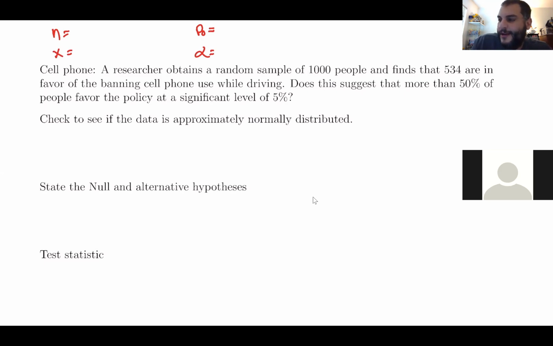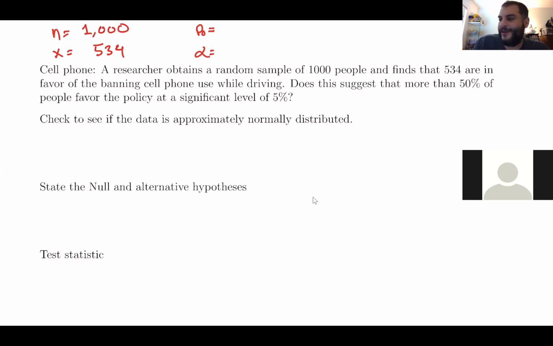Oh, thanks, Brianna. So we have 1,000. All right, of those 1,000, how many of them are in favor of banning cell phone use while driving? Oh, 534, perfect. All right, so for this one, what is my significance level, otherwise known as alpha or type 1 error?